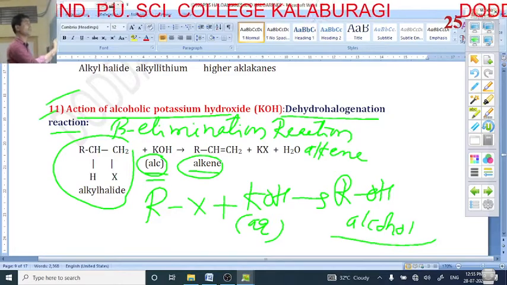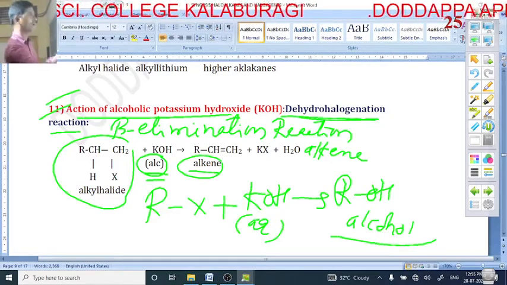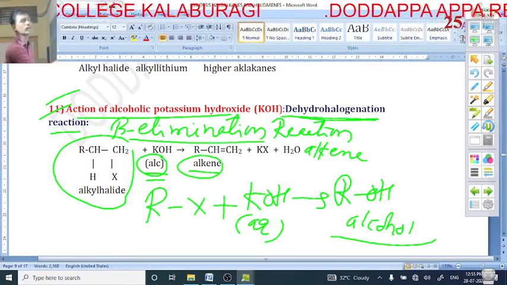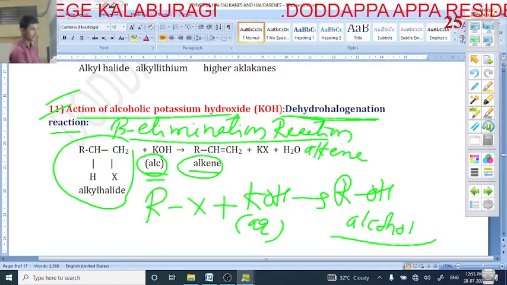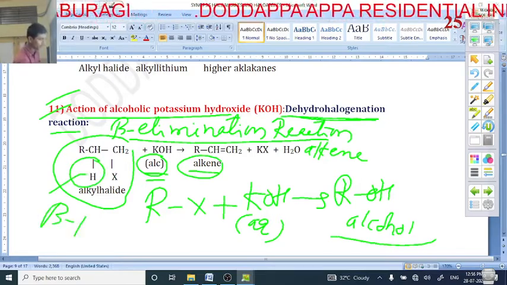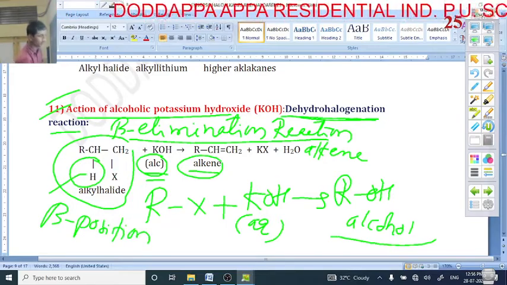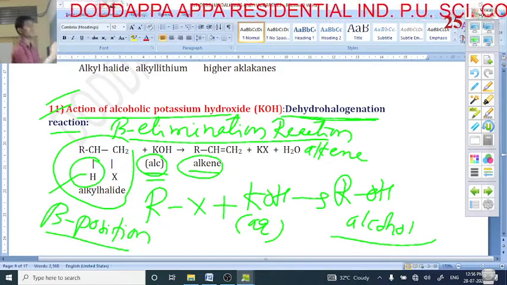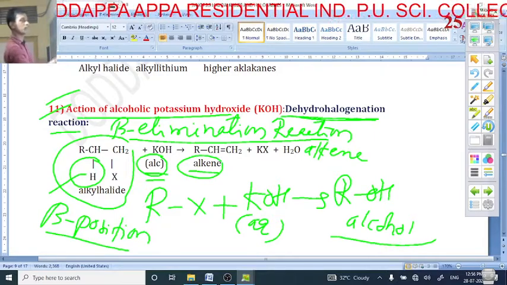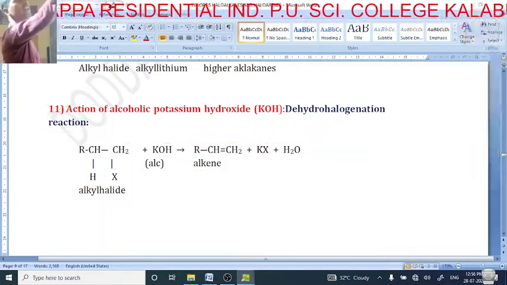So the action of alcoholic potassium hydroxide is called dehydrohalogenation reaction, or beta elimination reaction, because it is the elimination of hydrogen from the beta position.